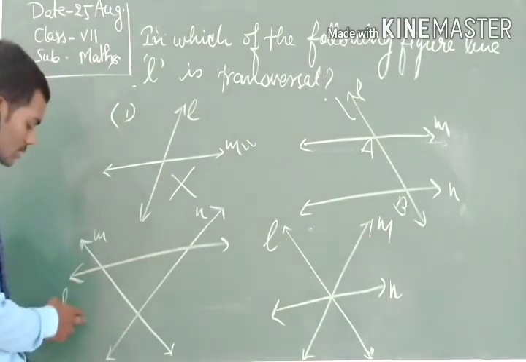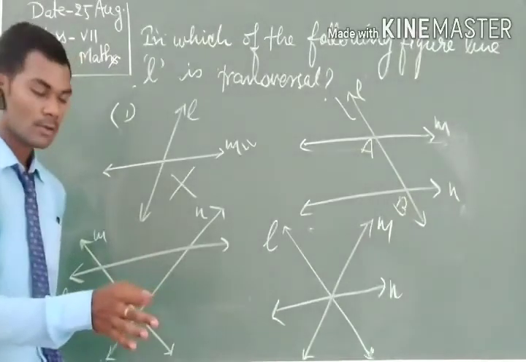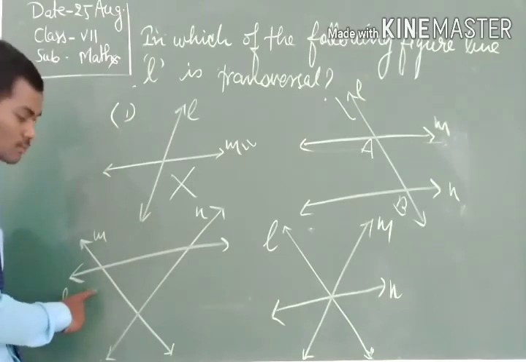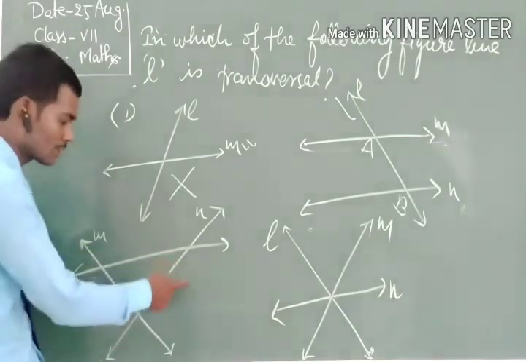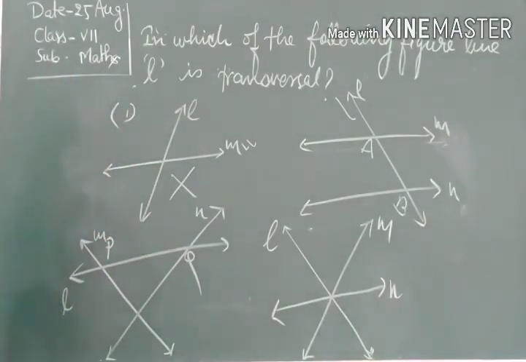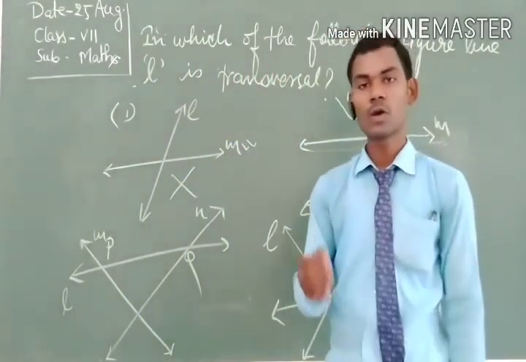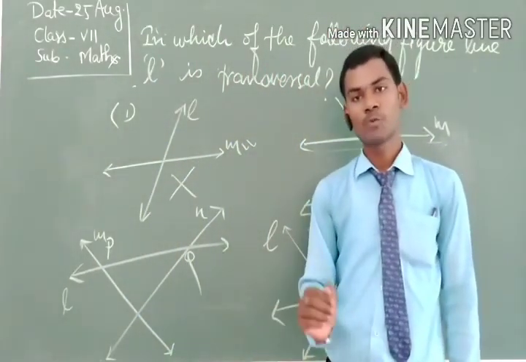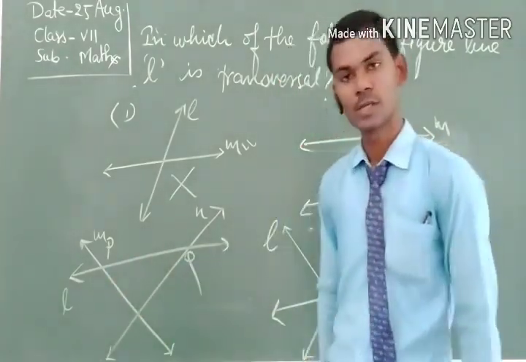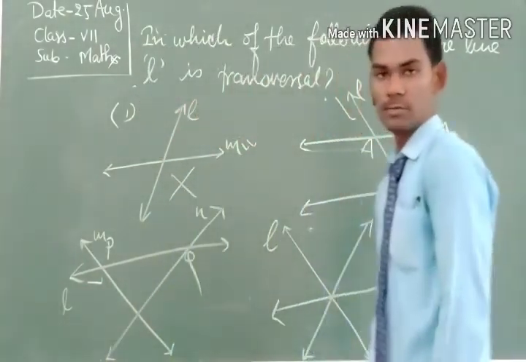In the third case, the lines M and N are given, two lines, and the line L intersects the lines M and N at different points P and Q. According to the definition, when a line intersects two or more lines at different points, it is known as a transversal line. So in the third figure, the line L is a transversal.